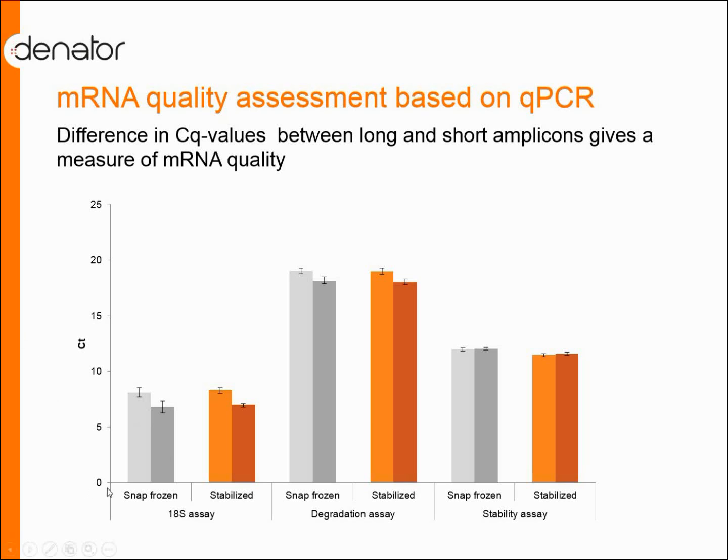And we see here on the y-axis the threshold of cycles where they start to go into the exponential phase. And as we would expect, we see a very small difference, indicating that there is very little difference in the amplification between the short and the long.